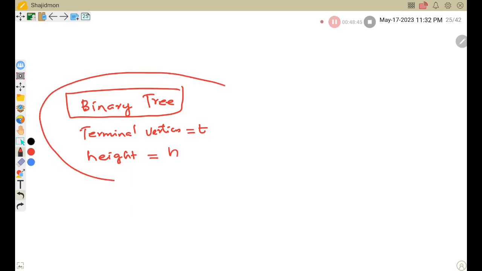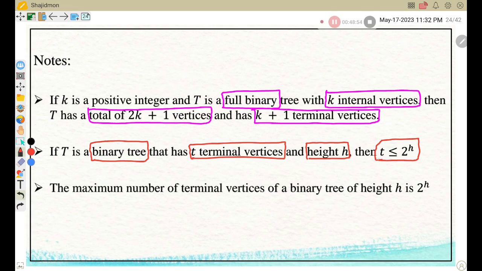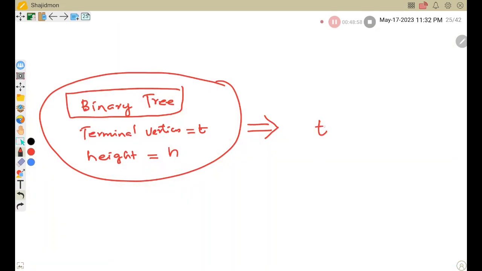Then there is a relation connecting the terminal vertices and the height of the binary tree: the number of terminal vertices T is always less than or equal to 2 power h. When we are doing questions in the exercise, you can use that one, T less than or equal to 2 power h. So keep in your mind this idea.